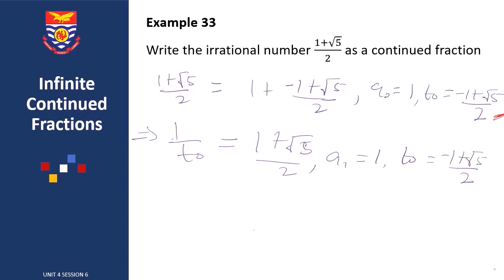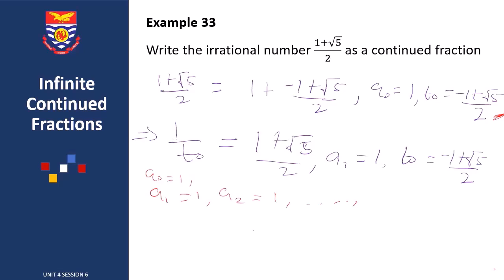When we proceed, the process will continue in that order, and it will never end. It means that a0 equals 1, a1 equals 1, a2 equals 1, up to the last term, and that last term will keep on going and will not end.